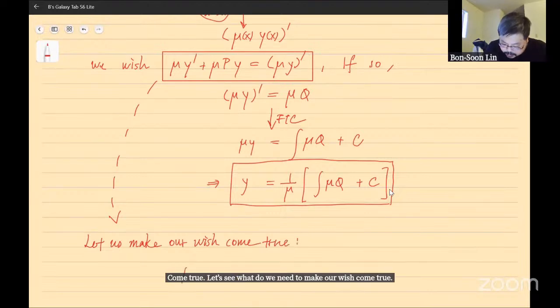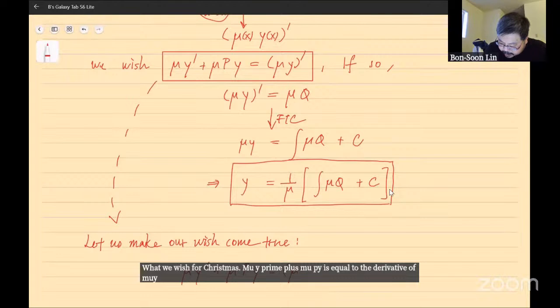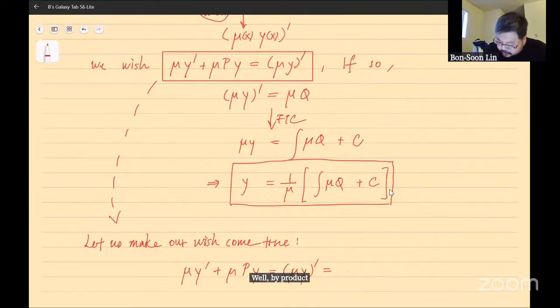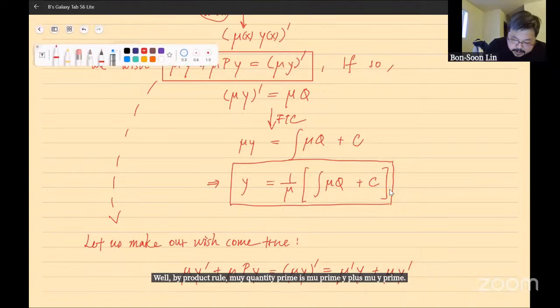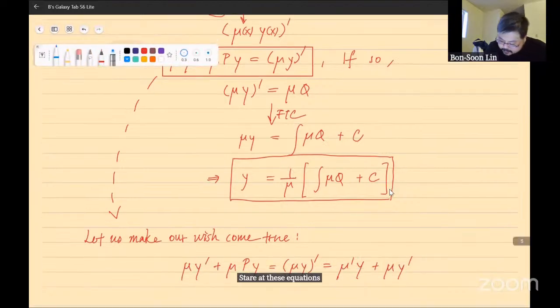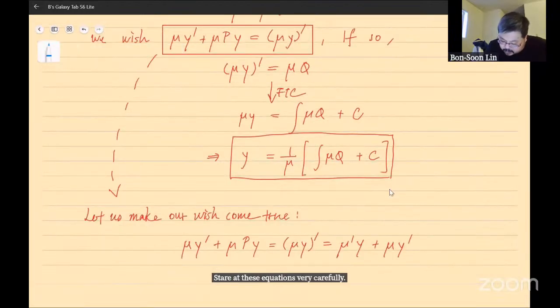Well, we wish for mu y prime plus mu py to be equal to the derivative of mu y, quantity prime, right? Well, by product rule, mu y quantity prime is mu prime y plus mu y prime. Stare at these equations very carefully. On the left, we got a mu y prime.